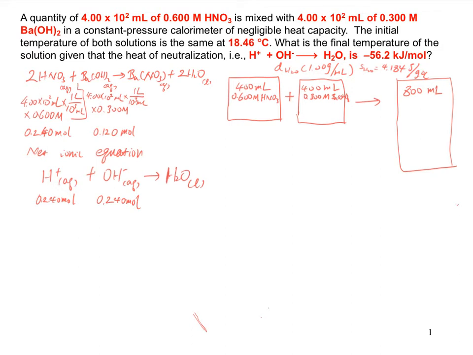Now, the heat of neutralization given here is for 1 mole of proton reacting with 1 mole of hydroxide, producing 56.2 kilojoule of heat, and it's exothermic. Therefore, the heat of the neutralization reaction equals 0.240 mole times negative 56.2 kilojoule per mole.